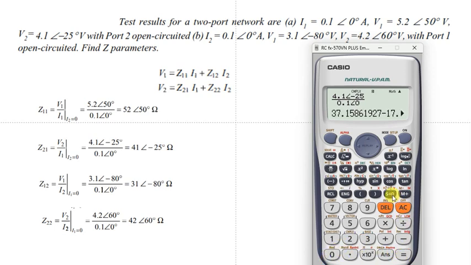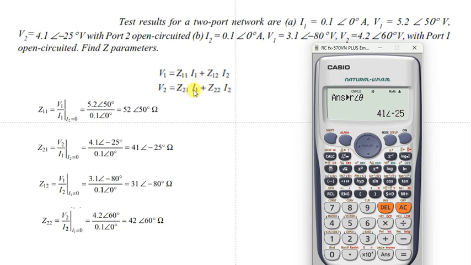This one you click S to D to see both. Now shift complex, third option. It is 41 angle minus 25 degree ohms. Unit is ohms because it is an impedance.